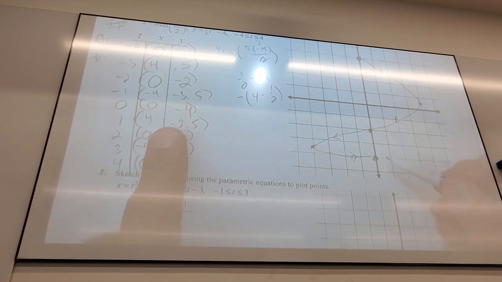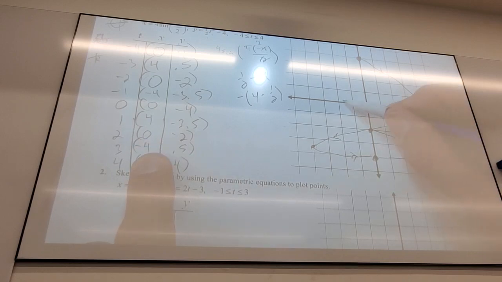And then I start to repeat some stuff. 4, negative 3.5, 0, negative 2 again, negative 4, 0.5, and then 0, 4, and back to here.